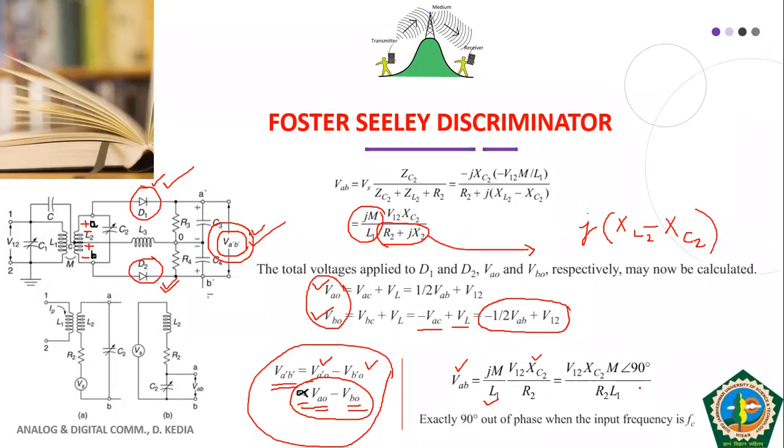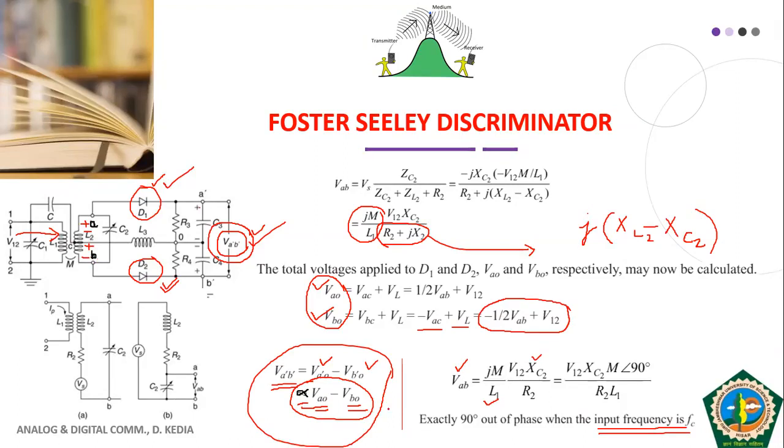Okay, so now the final part of explanation of this circuit. What is happening? If my input frequency is equal to the carrier frequency, meaning no modulation, then both primary and secondary are tuned to the same frequency in case of the Foster-Seeley discriminator.